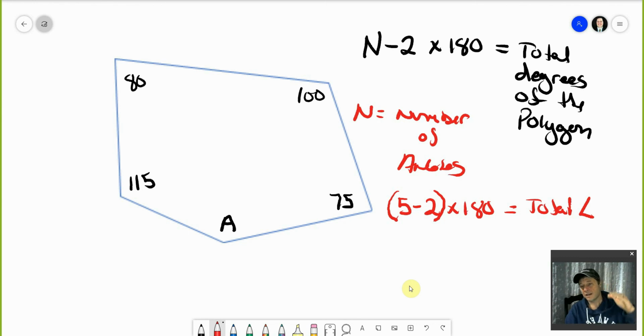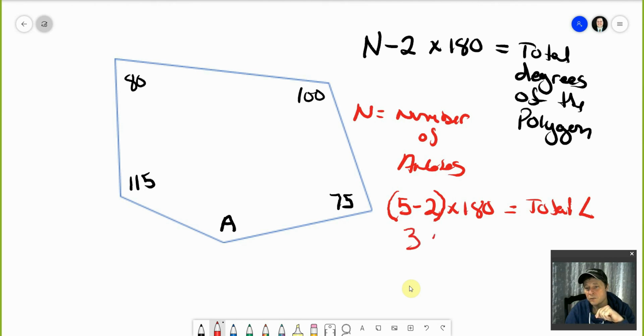Otherwise, it's brackets, then exponents, then division and multiplication in the order they come. If I don't put brackets on here, technically I'm supposed to solve this as 2 times 180, and then 5 subtract whatever that answer is. And that wouldn't be right. So when you get these questions about solving the total angle in a polygon, make sure you put brackets around your n minus 2.